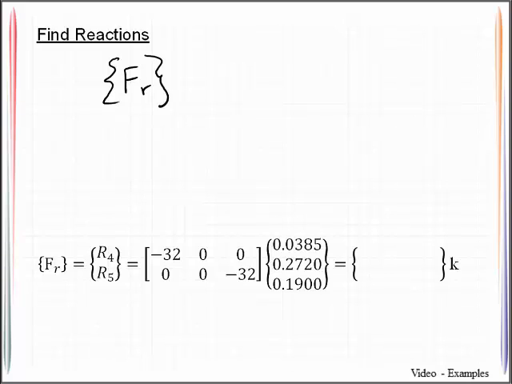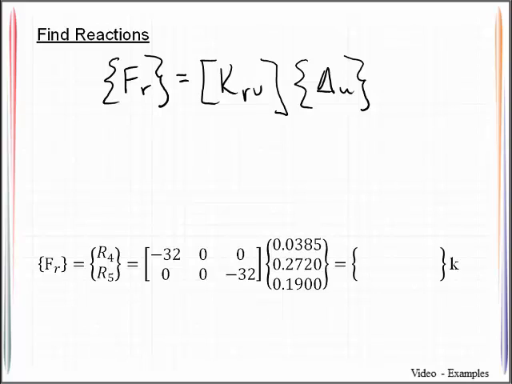So F sub R, representing forces at the reactions, equals KRU multiplied by delta U. We carry out those operations and we'll get negative 1.23 kips, negative 6.07 kips. I want you to note that the negatives on that indicate that we assumed the incorrect direction.